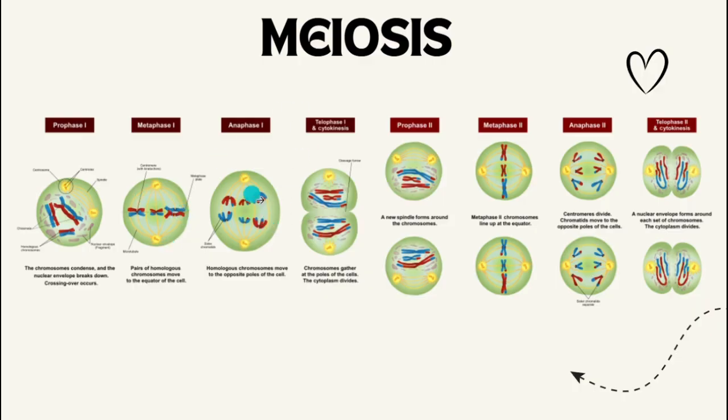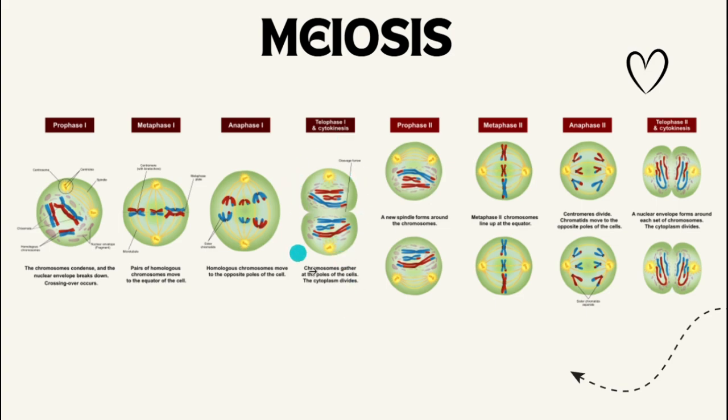Then in anaphase, the homologous pair, which we could also call a tetrad, that's basically 4 chromatids, 2 chromosomes, makes up the pair. Here we have one chromosome going this way and one chromosome going that way, right? And you can see the genetic variation. You can see what happened because of crossing over, that we have different colors on different colors. Then in anaphase, they're pulled to opposite ends of the cell.